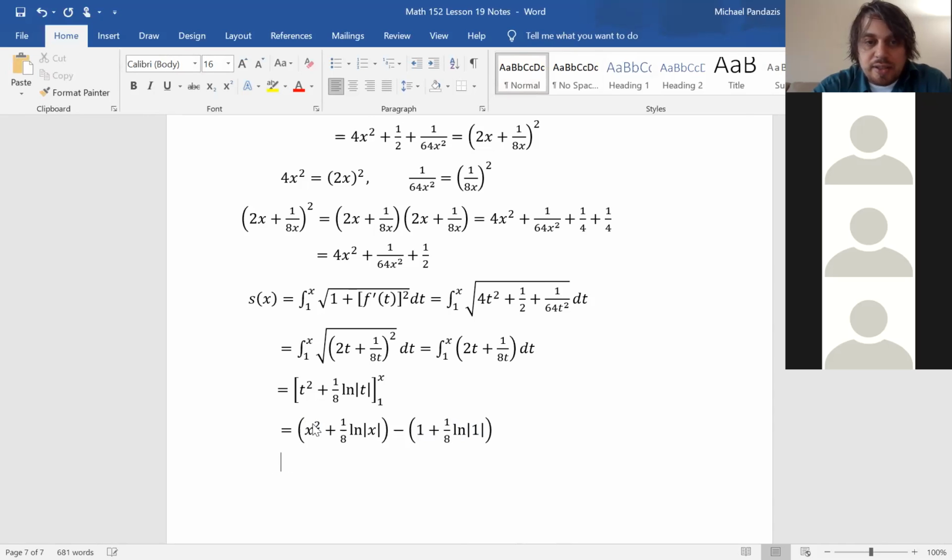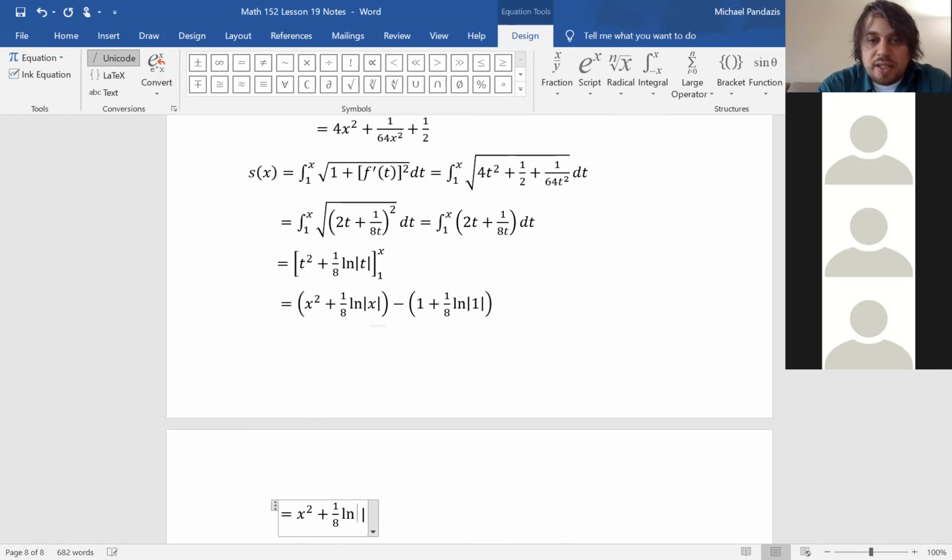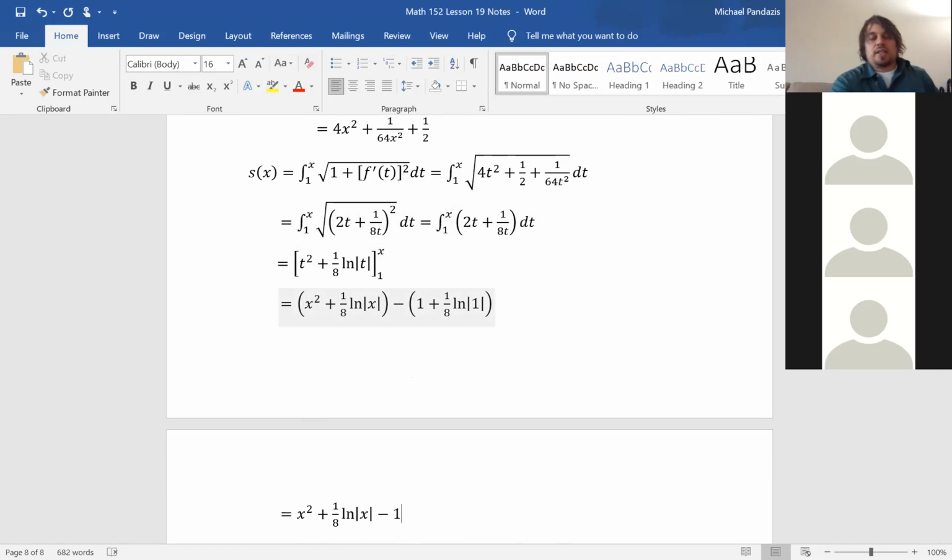But ln of 1 is 0, so it's minus 1 plus 0, that's minus 1. And so that's your final answer: x squared plus 1/8 ln of the absolute value of x, minus 1. All right, and so that's your arc length function.